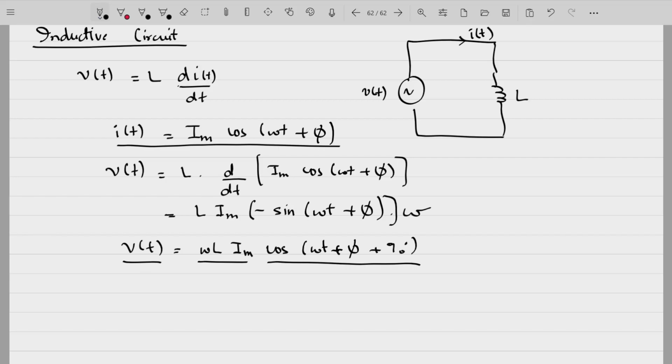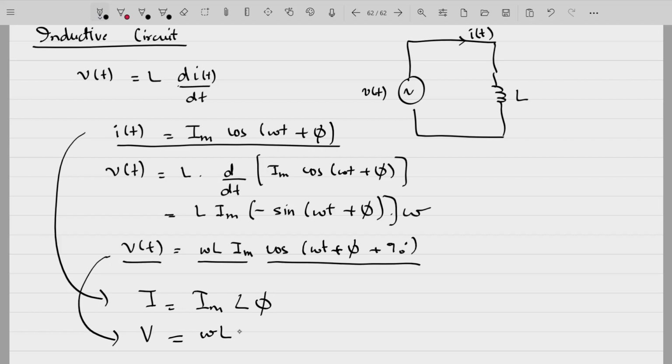So the phasor relationship will be I is equal to Im angle phi, and the phasor relationship for voltage will be omega L Im angle phi plus 90 degrees.